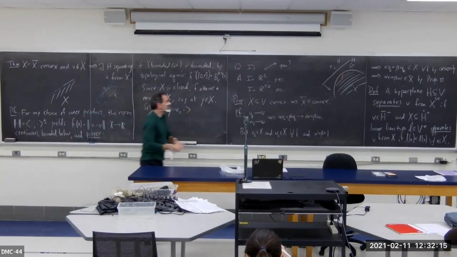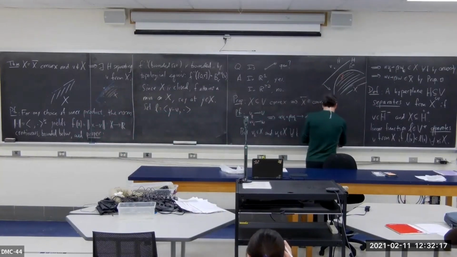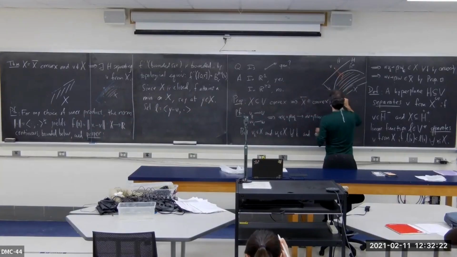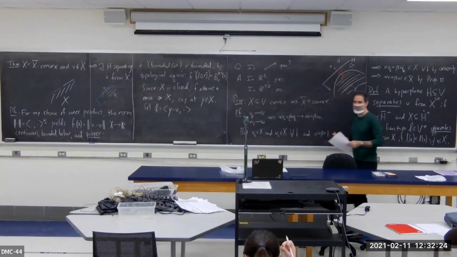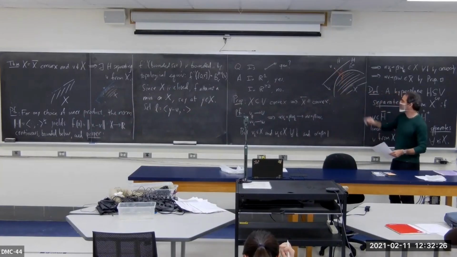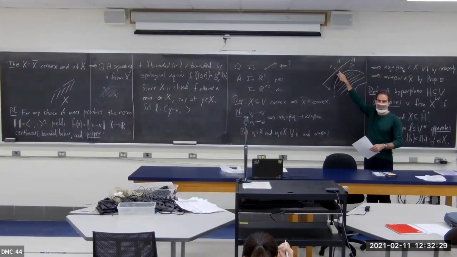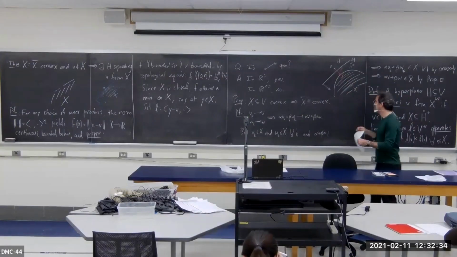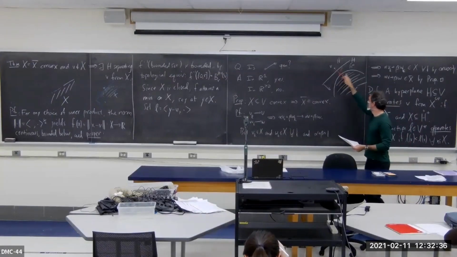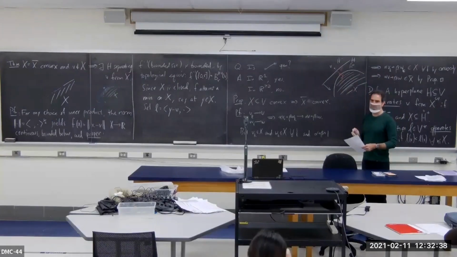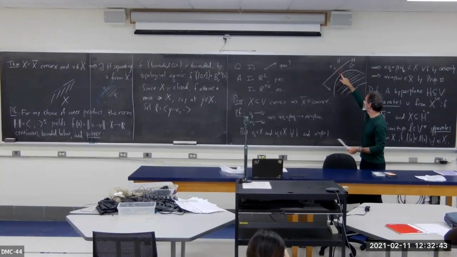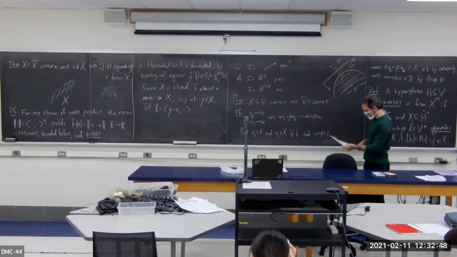It's going to be the linear function that takes this vector here, and that's going to be our L. It's really taking the inner product with this vector. The inner product with this vector is our linear function. So it takes a minimum on X at y. Because the inner product with this function is the inner product with y minus v.